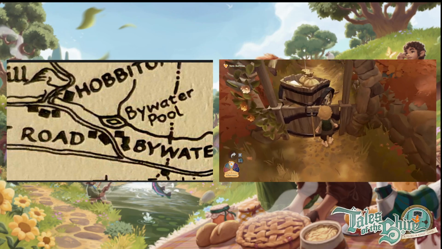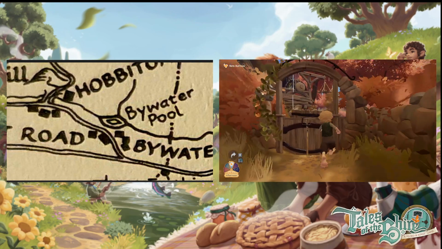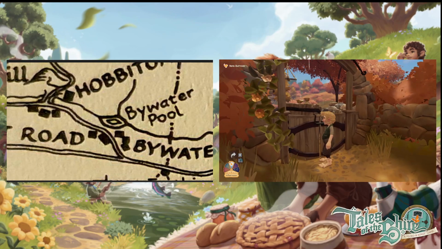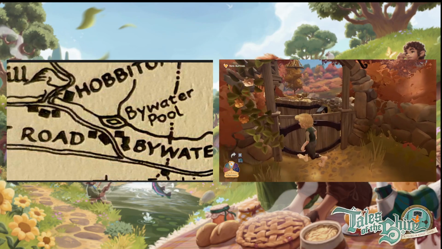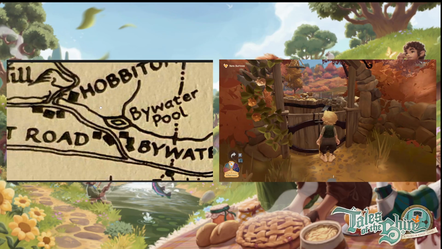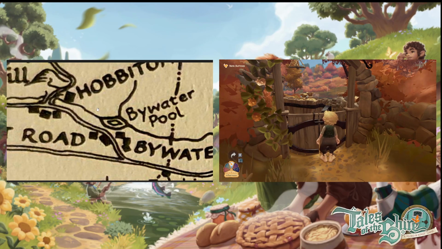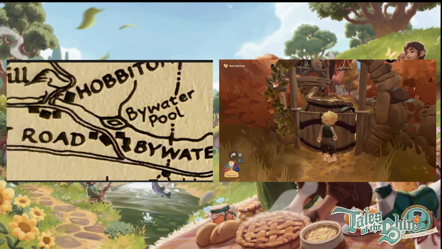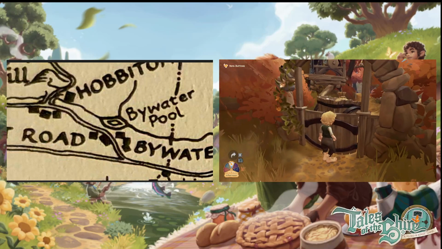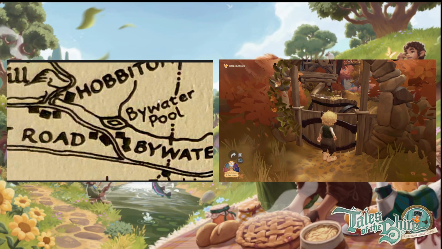So if they ever open this area up, which I don't see why they wouldn't, they would expand the game. I'm thinking if you're looking across the way there, either what we're looking over there is this area right here, a little open area, or somewhere around the corner is where we would see Hobbiton.